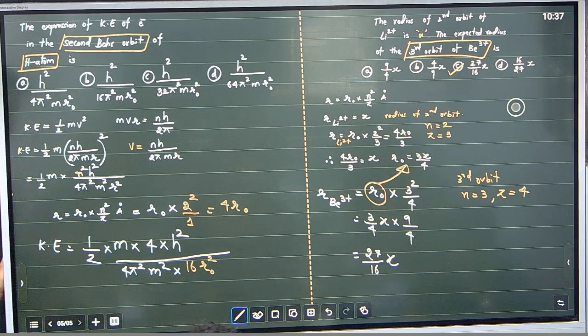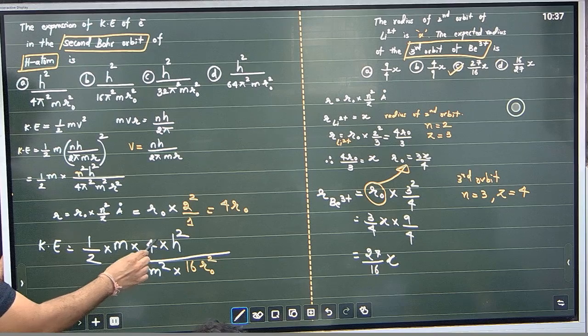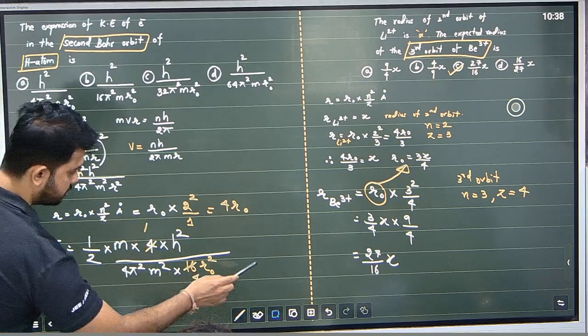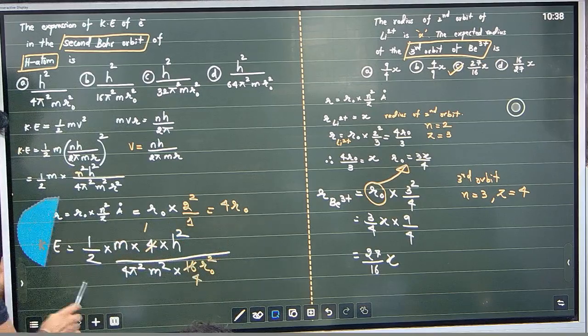Is something cancelling? 4 ones are 4, 4s are. So how much do we get the final expression as?